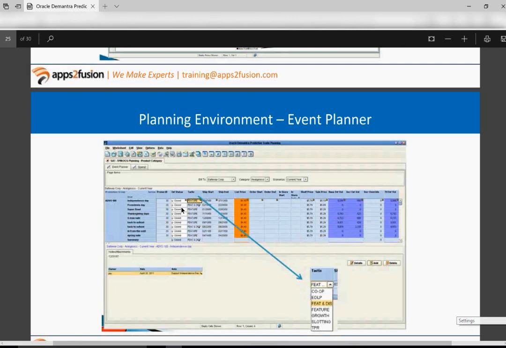It has its own status, whether it is closed, open, things like that. It has its own tactics, whether it is off invoice or feature or ad or display. It has its own start date and end date. There are list prices associated with this item that we are trying to promote.